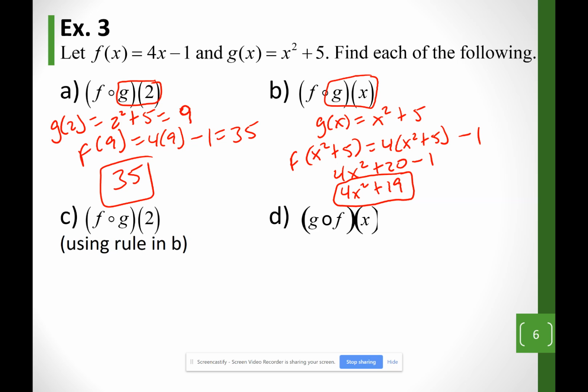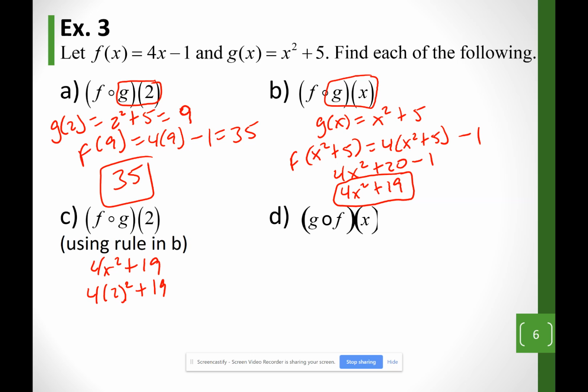Now looking at C, it says f of g of 2. On B, when we left it as an x, that's going to work for every f of g as long as we're using this f and the same g, f of g of any value. So here it says use rule in B. So f of g of 2, I'm just going to use 4x squared plus 19, but my variable is 2. So I have 4 times 2 squared plus 19.